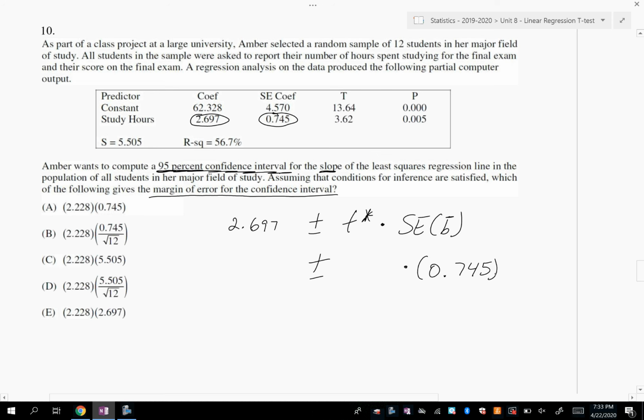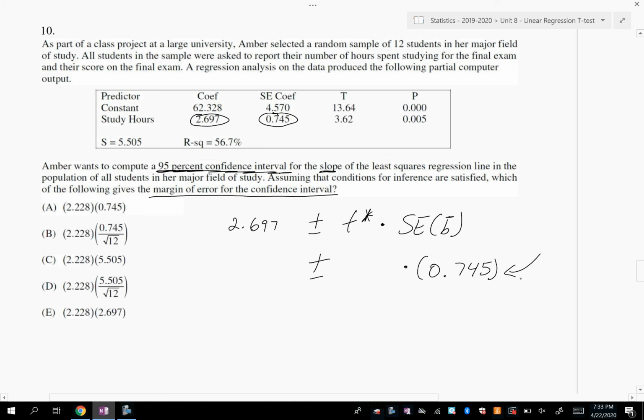Now, I thought this one would have been just a little too simple for the test because all of the answer choices A through E have the same exact T star. So you didn't actually have to go into the link and figure out what it is. They're all the same. So the only thing that's going to tell me the answer is which one has 0.745 as the standard error.